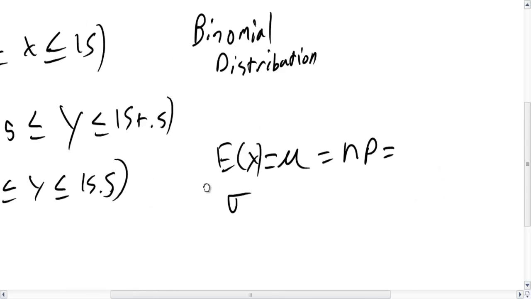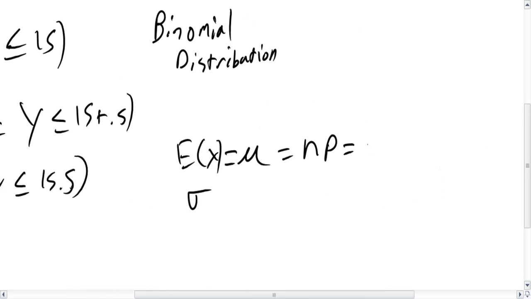So this is just 100 times the probability of success. We'll define success as rolling a 1, so that's 1 out of 6 on a die. Therefore, this is approximately 16.67.